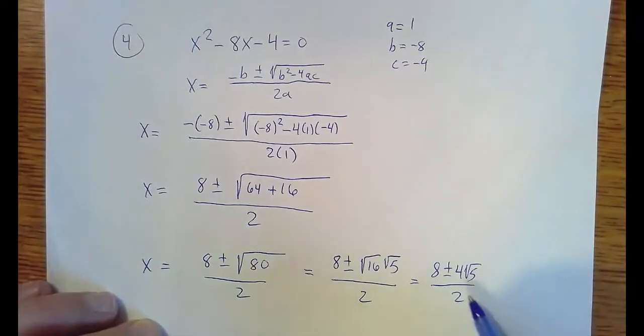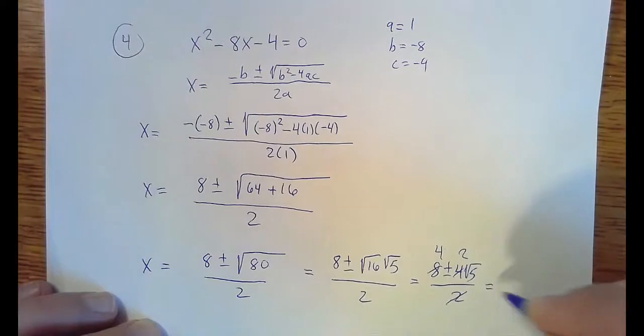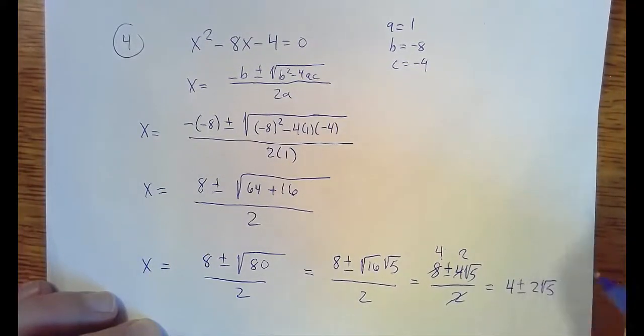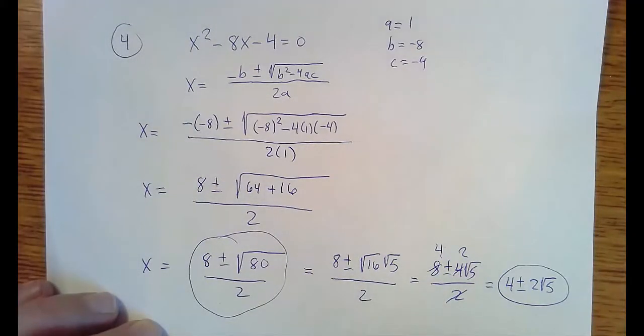And so this can further be simplified because both terms in the numerator have a factor of 2. And so if I cancel a common factor of 2 in the numerator and denominator, this would simplify to 4 plus or minus 2 square root of 5. So this would be a simplified answer, but actually the first answer we got would also be correct in WebWork.